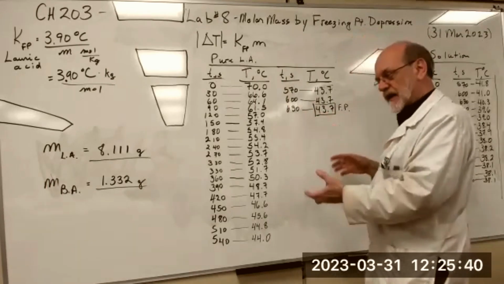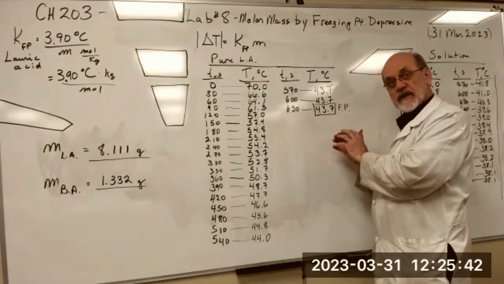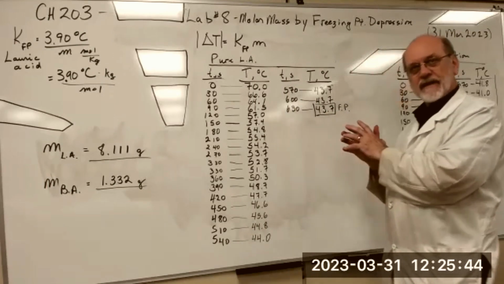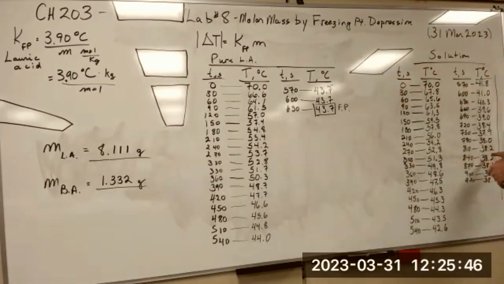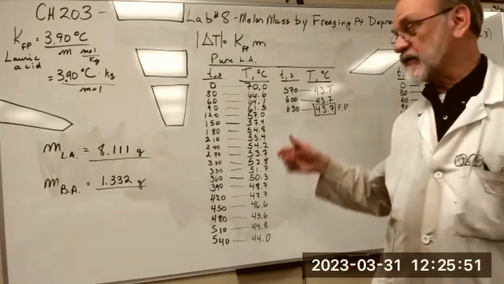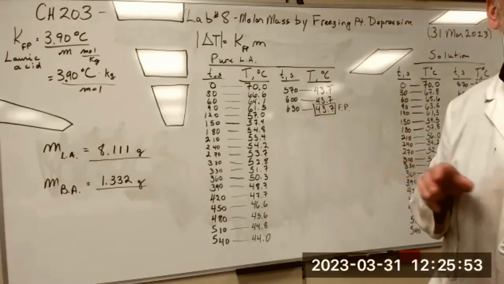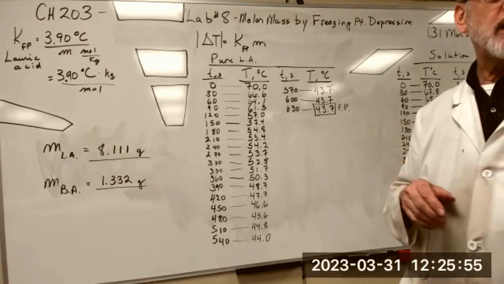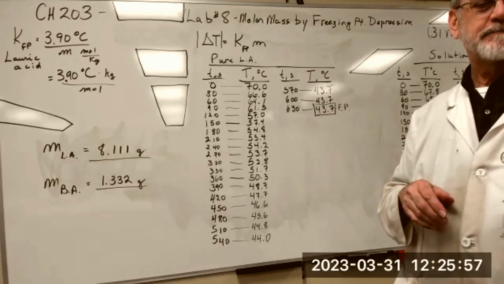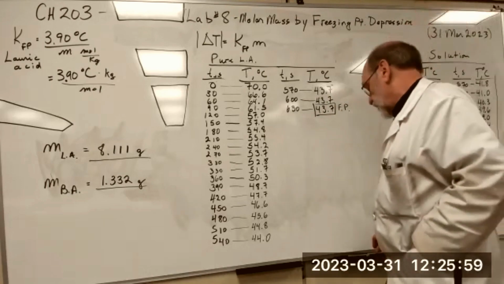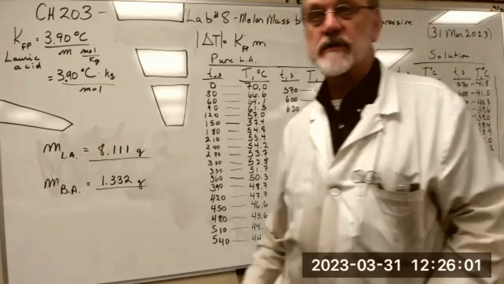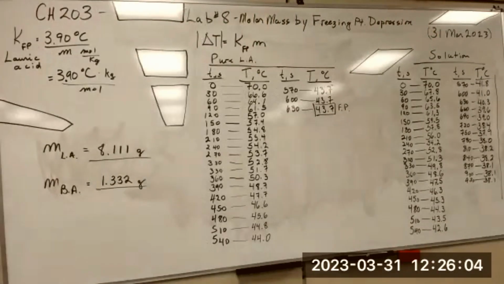So as they slow down and arrange themselves into that lattice, they give up a little heat and the temperature jumps up. I've never seen it with this experiment before. It's more pronounced if you do it with water. It's very pronounced with water. You'll have a change of 5 degrees. It's about frozen now.